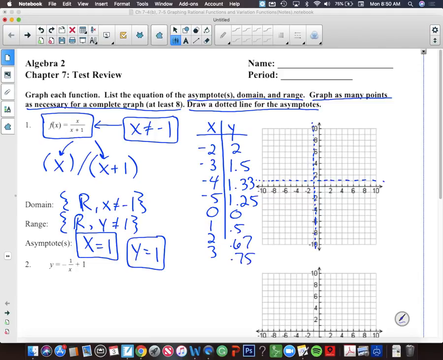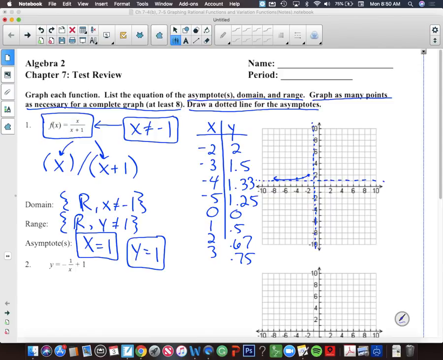And this one, if you're looking at these points, they're fairly close together. So you might want to do another maybe 1 or 2 points on either side to watch it move away from an asymptote. So let's graph these. We got that one, -3, 1.5, -4, 1 1/3. So you kind of see that it's going to just be going like this. Now remember, these are going to look like parabolas going in opposite directions.